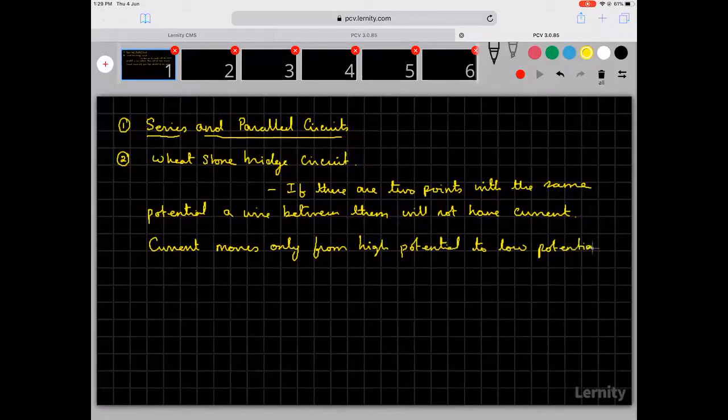Only if there is a potential difference will current flow, otherwise there will be no current, right? So we removed the wire, we can add a wire. This is trick 1, this is trick 2, and we saw a few questions based on that.